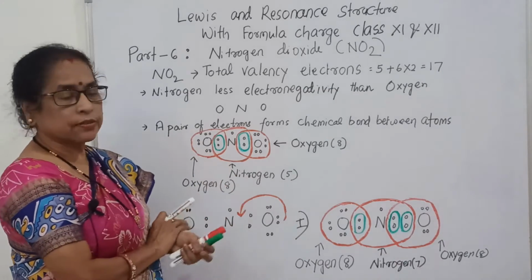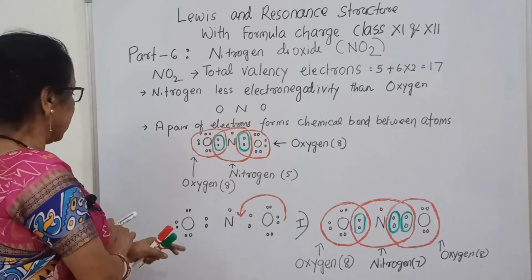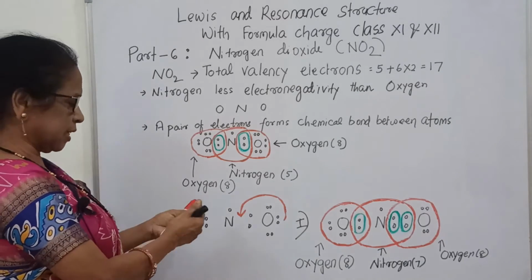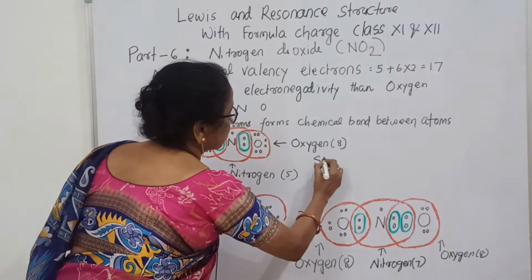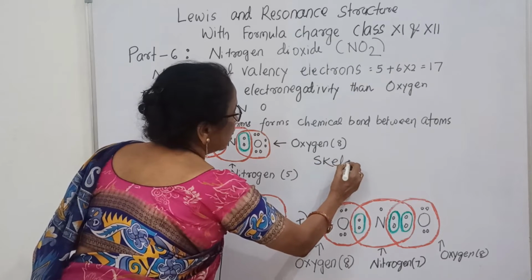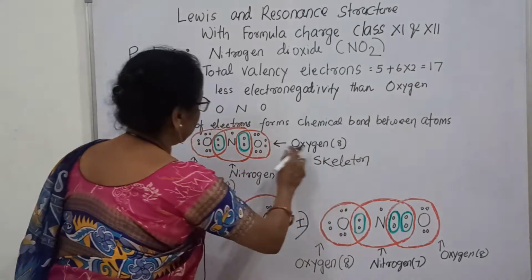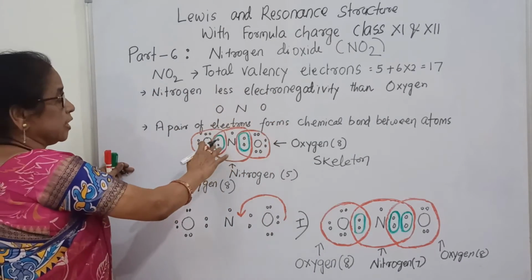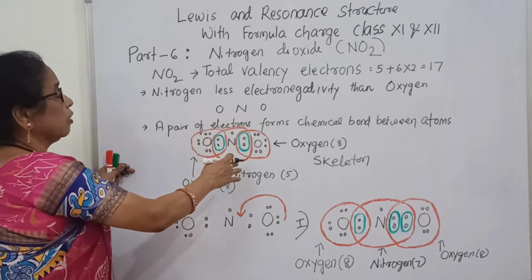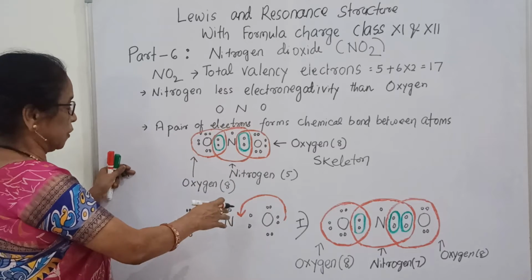So the octet rule is not satisfied. This is only a representation, that is why it is called a skeleton structure, where we indicate how many electrons there are and where they are present, as a pair in a chemical bond or as other electrons.